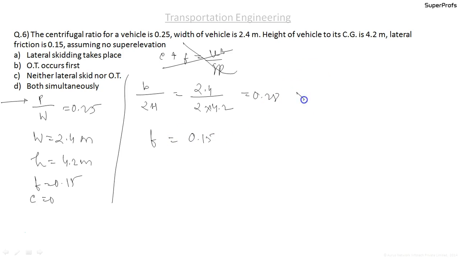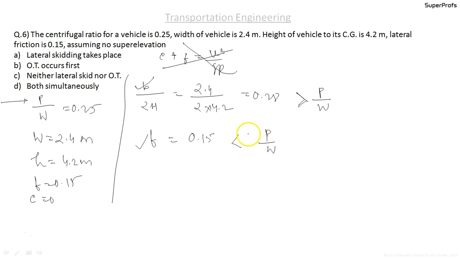So B by 2H is greater than P by W, and F is less than P by W. These two, B by 2H and F, are the resisting factors.